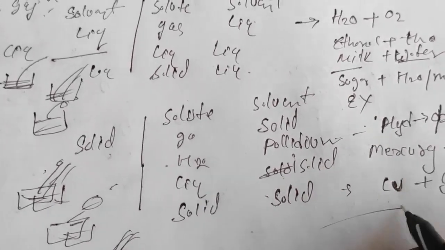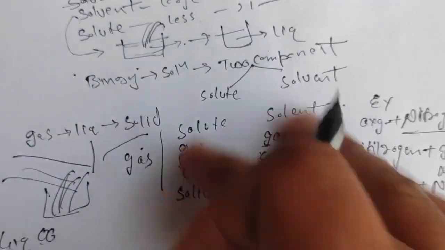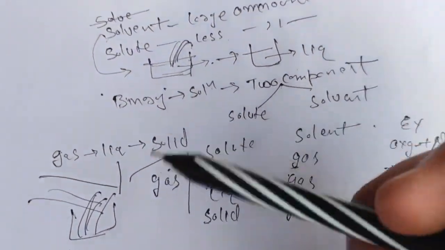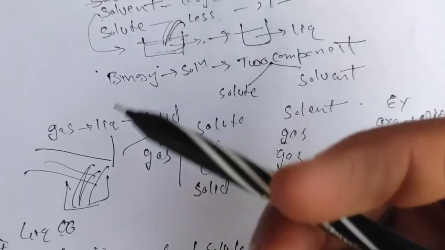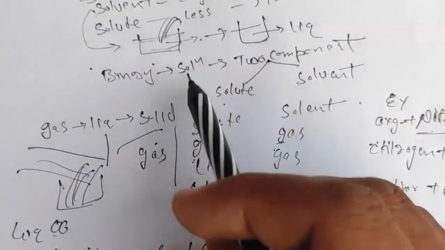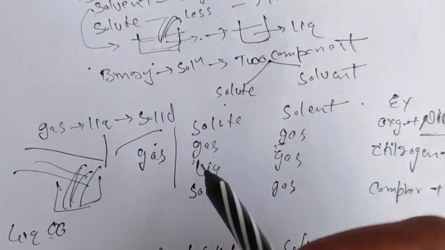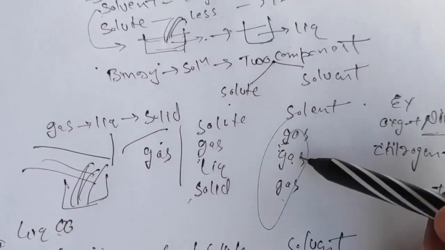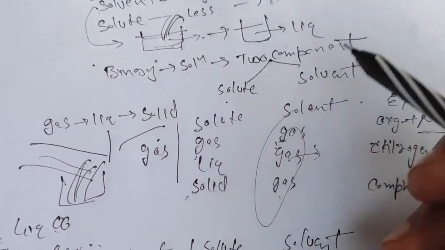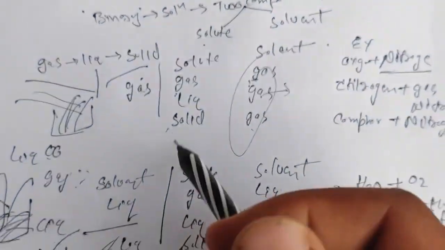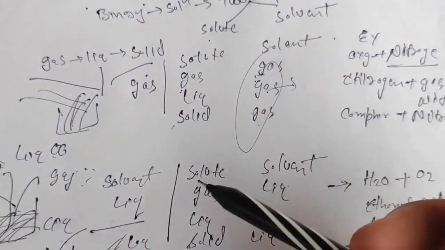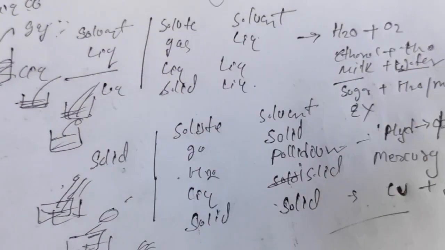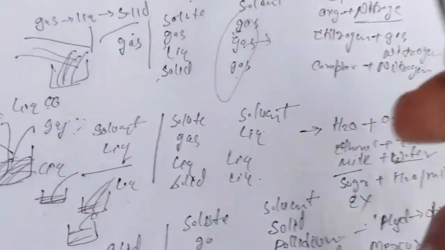Again, the basic form: the binary solution has two components, solute and solvent. First we took gas as solvent, with gas, liquid and solid solutes; we keep the solvent constant and vary the solute, and the same for solvent as liquid and solvent as solid. This is the overall example of it.